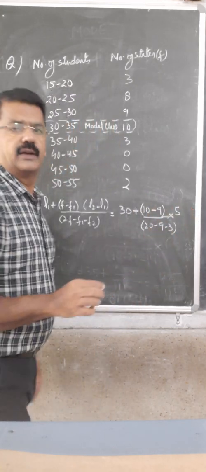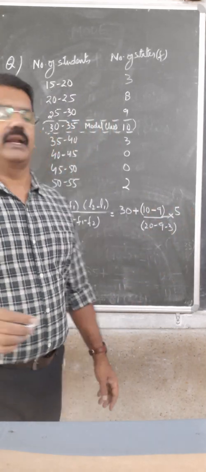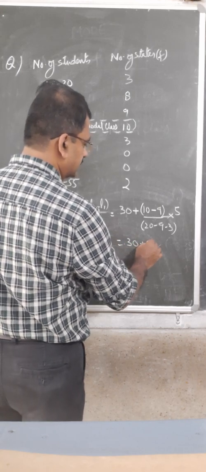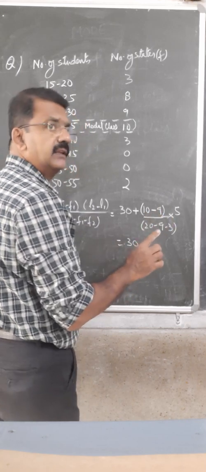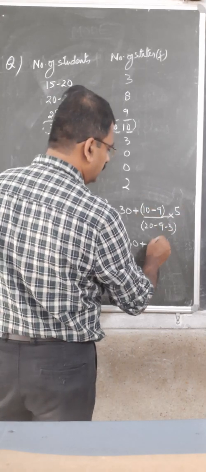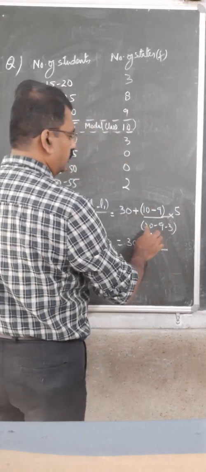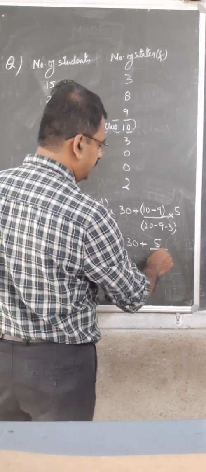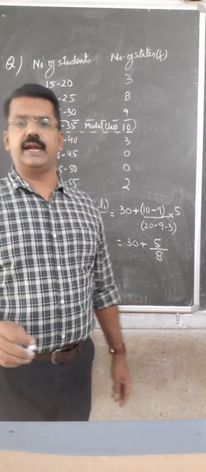Clear? Now 30 plus 10 minus 9 is 1, so 1 into 5 will be 5 only, upon 20 minus 12 is 8.